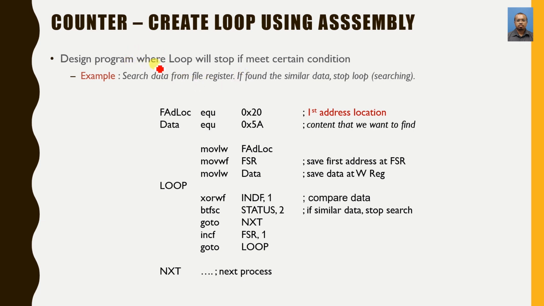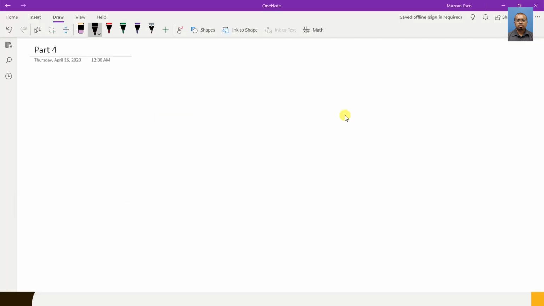We are going to design a loop which stops if a certain criterion is met. In this case we have an address location, and we are looking for some sort of content. The content is 0x5A, and the address starts from 0x20.